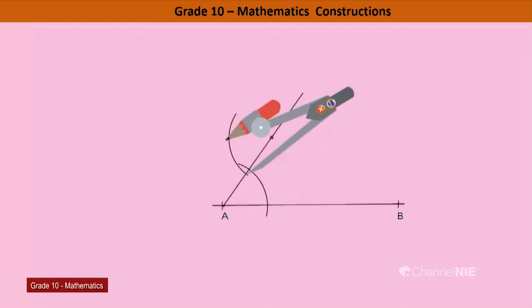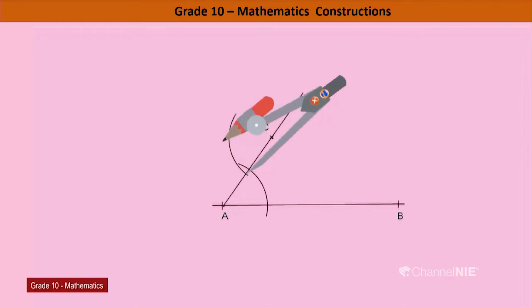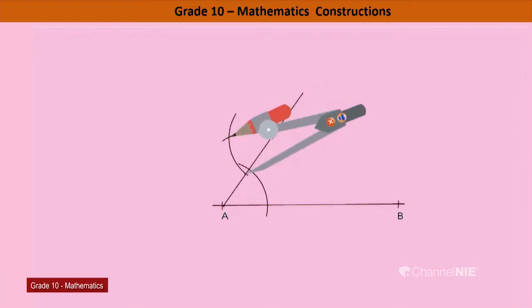Let us go to the new point, where the arc and the line intersect. There is a point on that line. Keep the steel point on that point, draw an arc. Here we found two arcs intersecting, we got a new point. Let us join those 2 points.